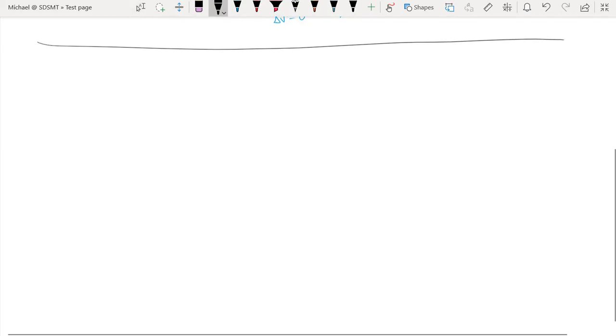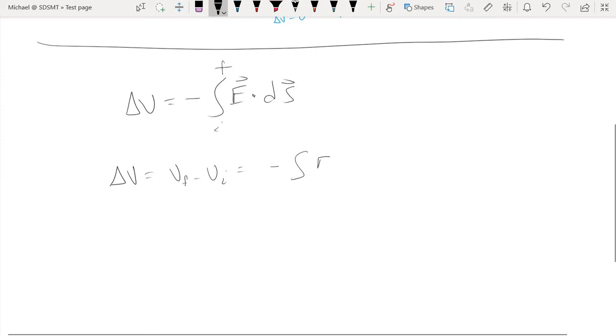All right, for the second part of this video, we're going to take that same equation of delta V equals negative E dot ds. And this equation said that we could find the difference in potentials between 2 points in space if we integrated the electric field with respect to our displacement between those 2 points. And that would allow us to find out how the electric potential was changing.